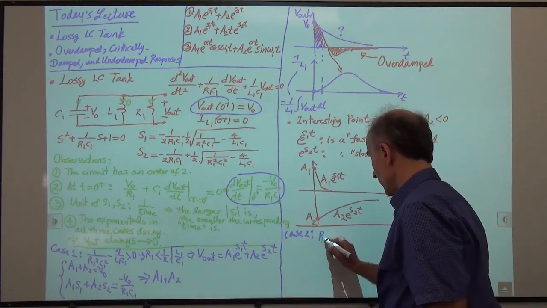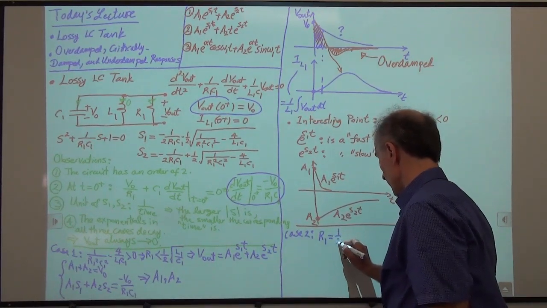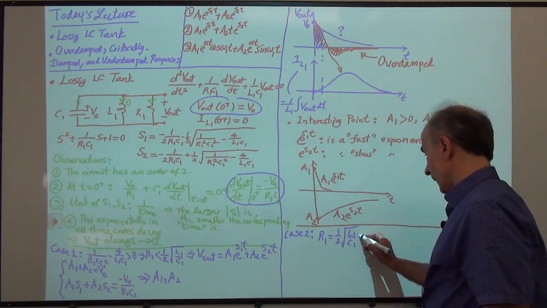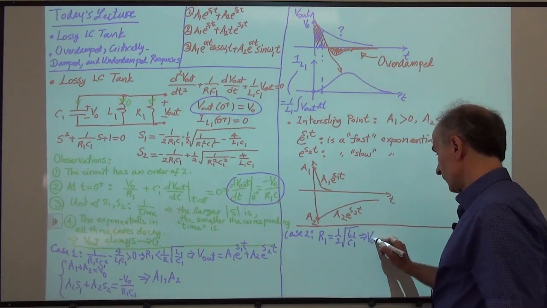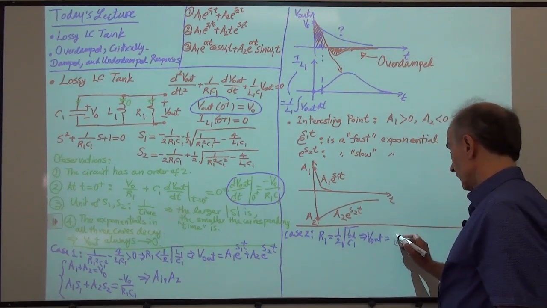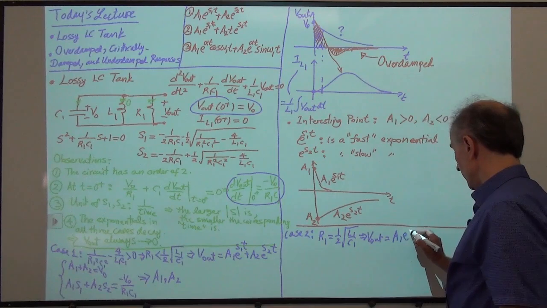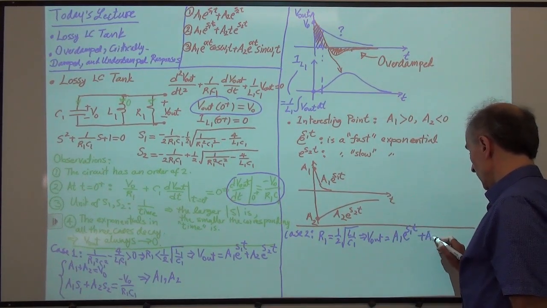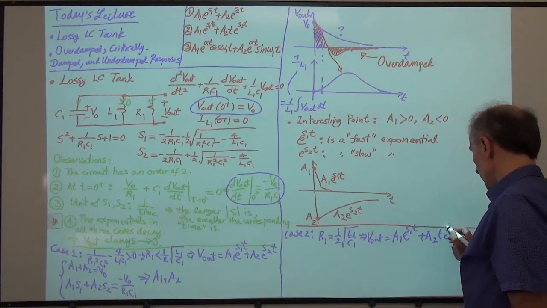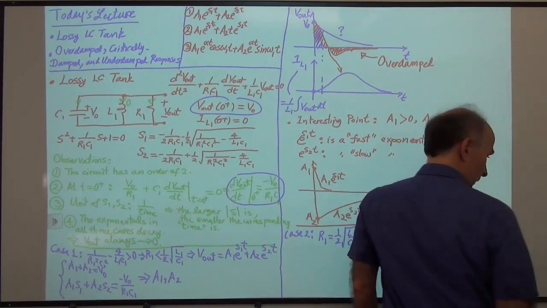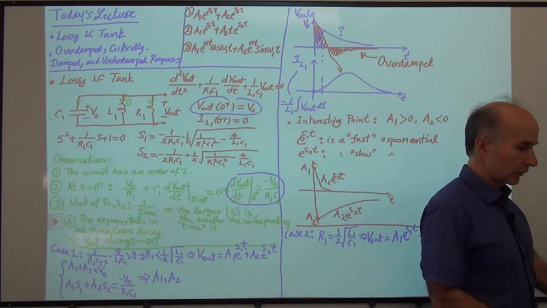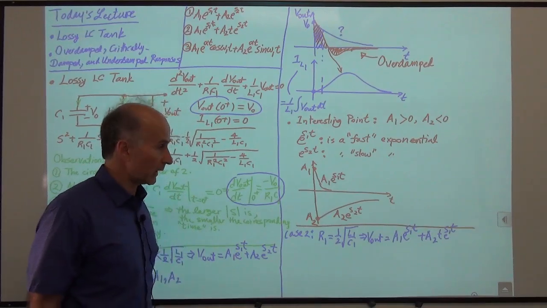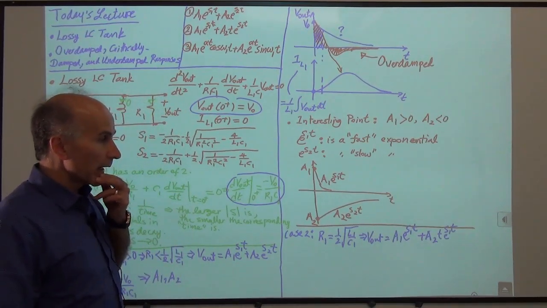So R1 is chosen to give us this response, L1C1, and that means that V out is now equal to A1 e to the S1t plus A2t e to the S1t. We have only one root, so we just call it S1. All right? Okay. So S1 is known.